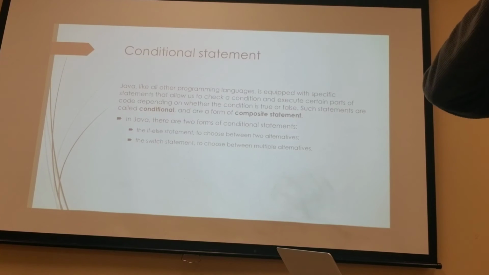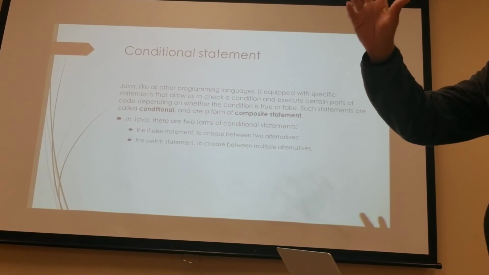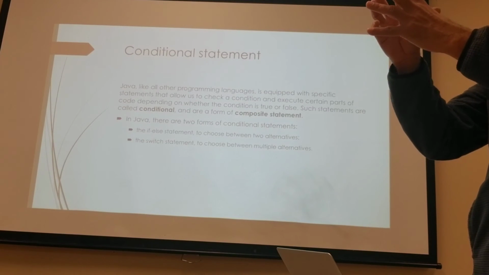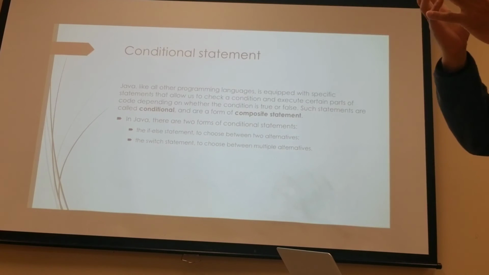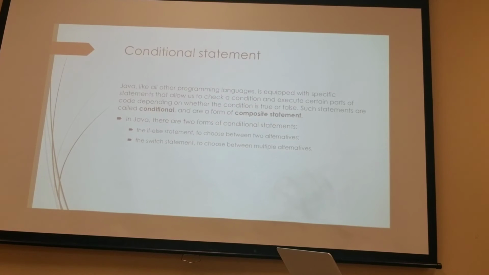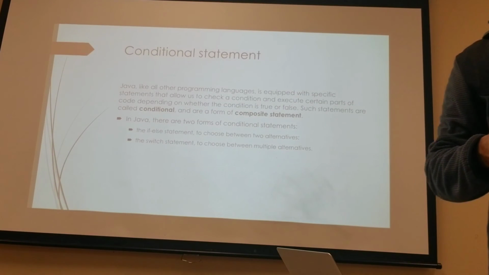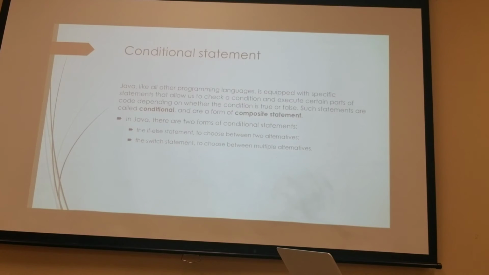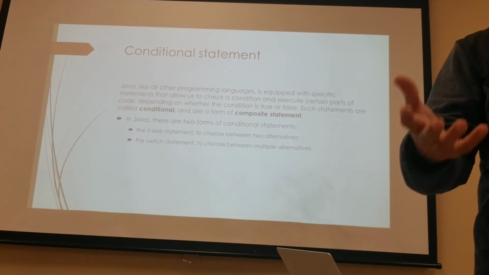Like println, I told you it does this and it does this. Within println, you can have some expression that it will evaluate, and the result it will print. But still, everything was going line by line, which is fine, but it is not very interesting, and it does not give us a lot of flexibility.